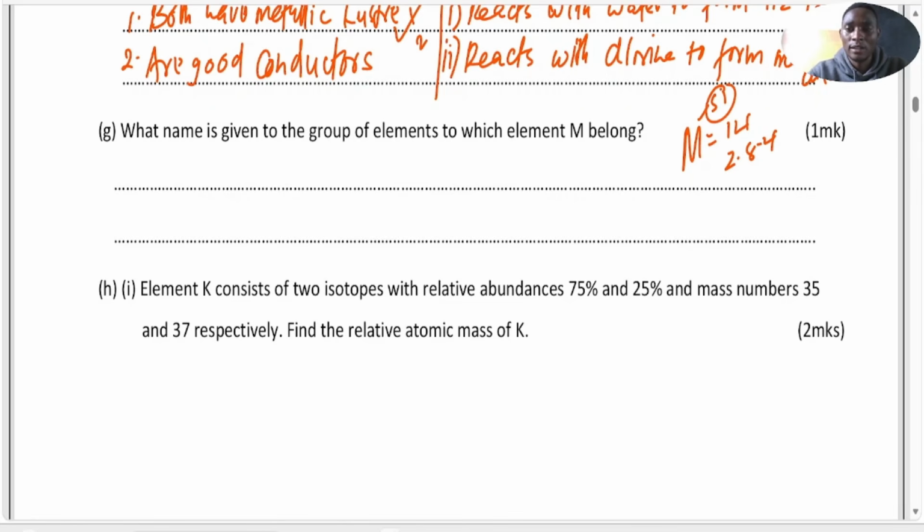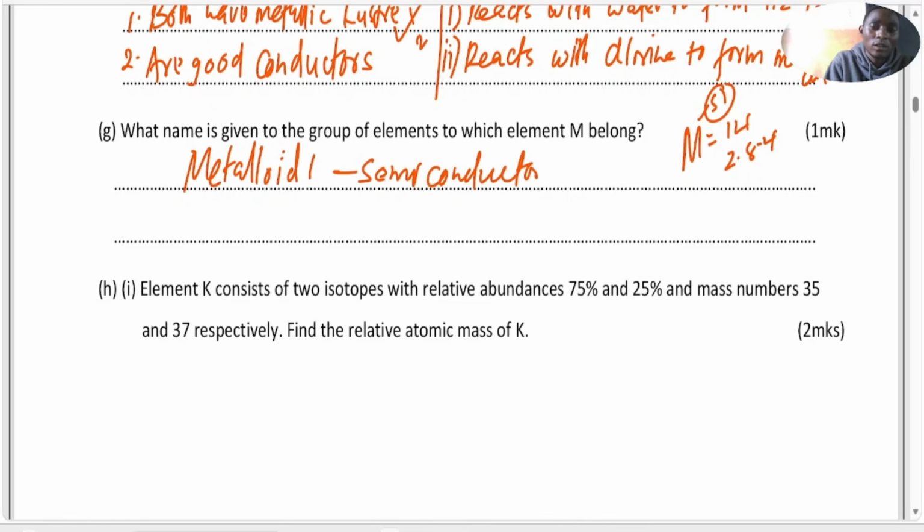Silicon lies in elements that we call metalloids. These are semiconductors. They are in between metals and non-metals, and we also call them semiconductors. They are found in between metals and non-metals, so we call them metalloids.